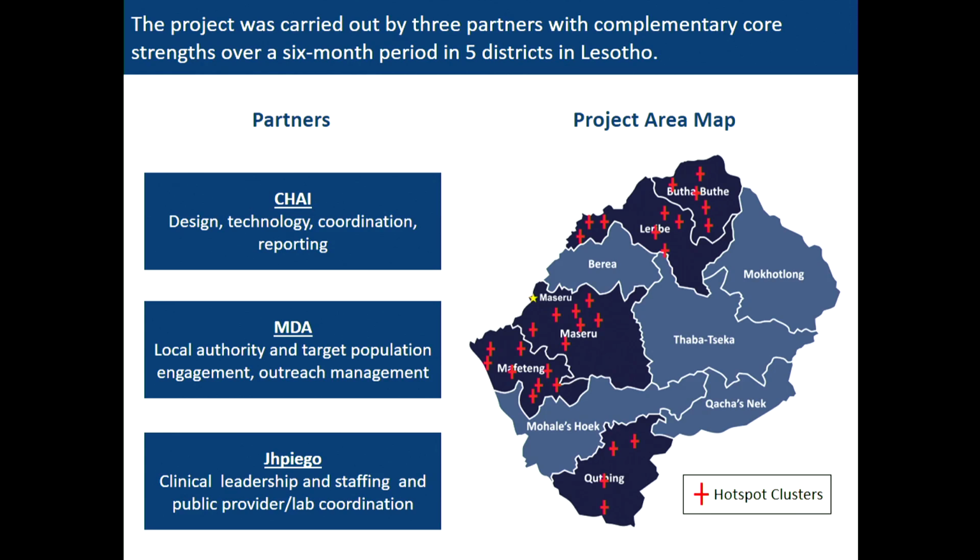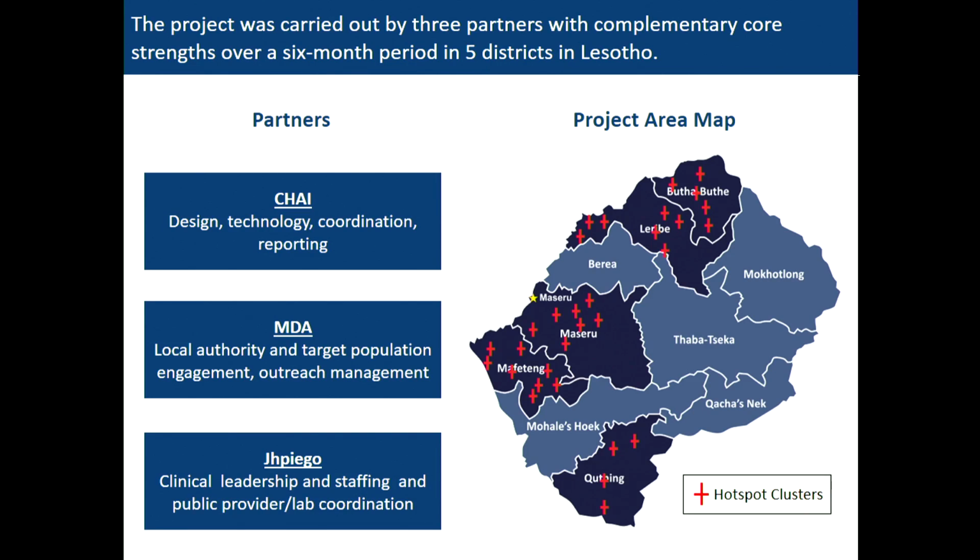Our project took place across 5 districts in Lesotho. You'll see on the map here the 42 sites where we conducted TB screening and HIV testing services, and our project took place with 3 partners. CHI was responsible for a lot of the design and overall coordination, as well as the reporting and technology aspects.